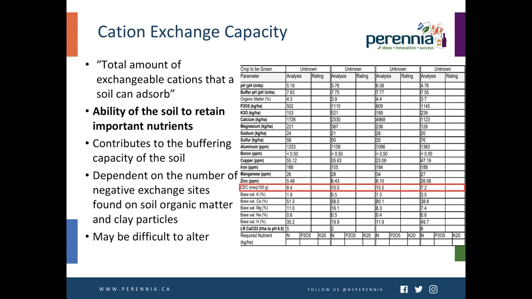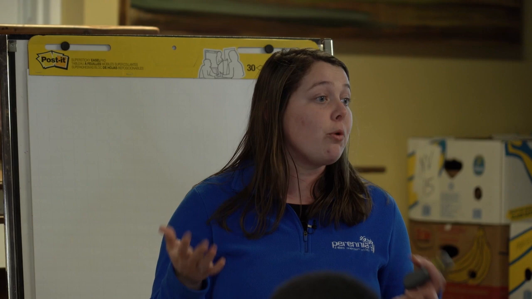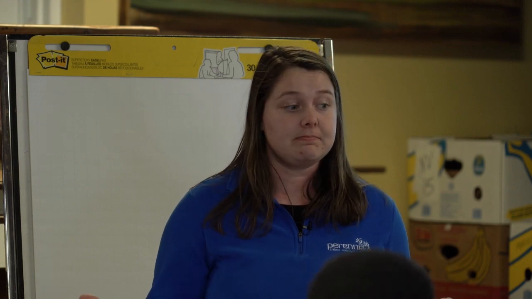So it basically represents the ability of your soil to retain those nutrients. You'll have these negatively charged sites on your soil, on organic matter and in clay. So if you have very sandy soil with low organic matter, you typically won't have a very high cation exchange capacity. And what that means is that your nutrients may be more prone to leaching.